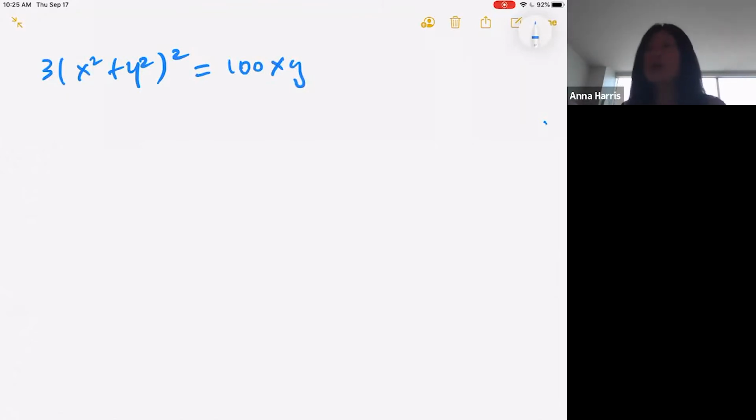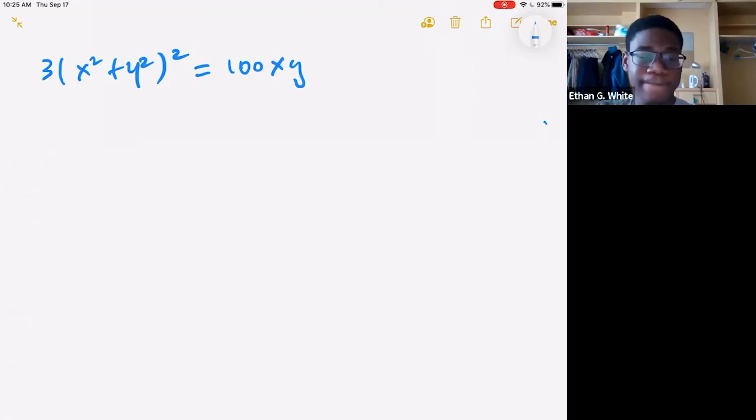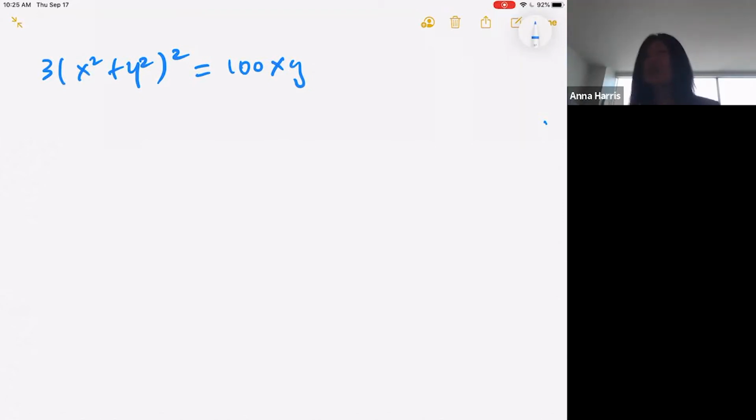The only thing I can do at this point is the implicit derivative. There's no way I can do other than implicit derivative. This is a complicated problem because we have to use the chain rule and the product rule. On the left-hand side, you need to use the chain rule. On the right-hand side, you have to use the product rule. Does everybody see it?